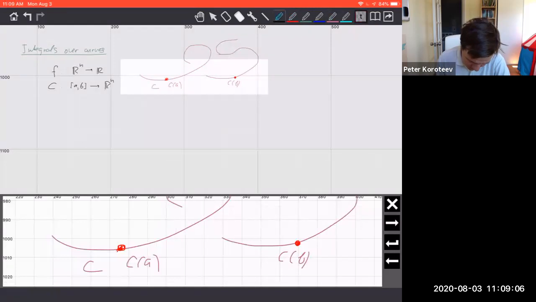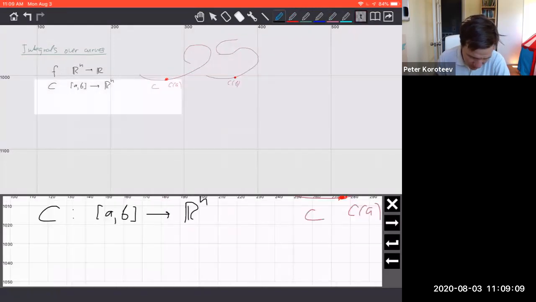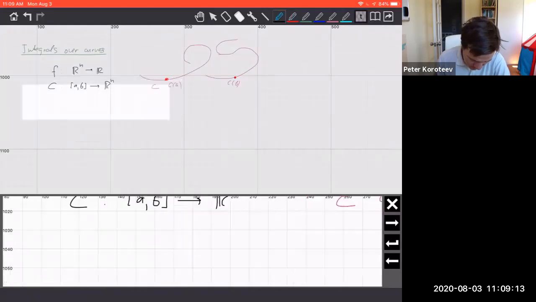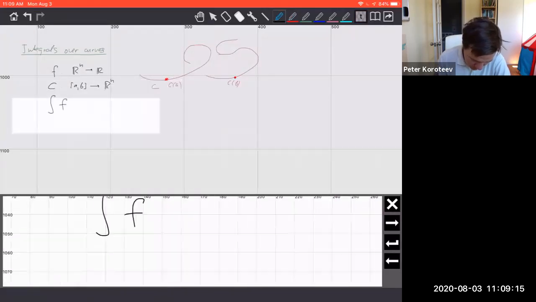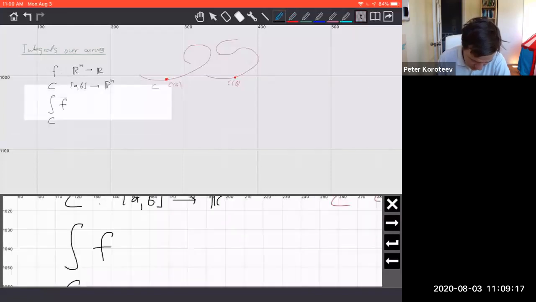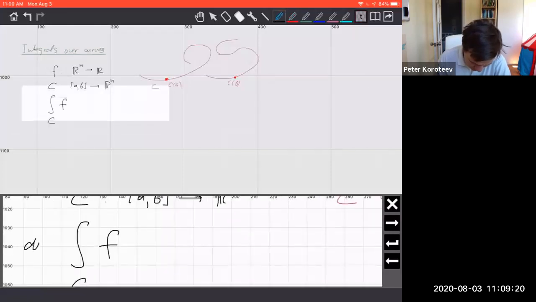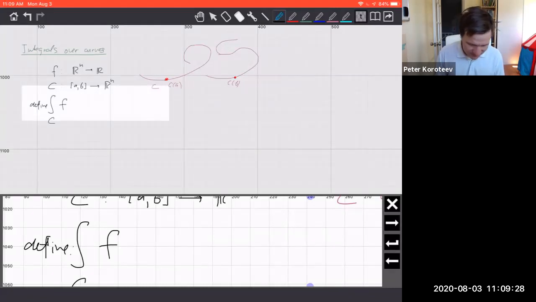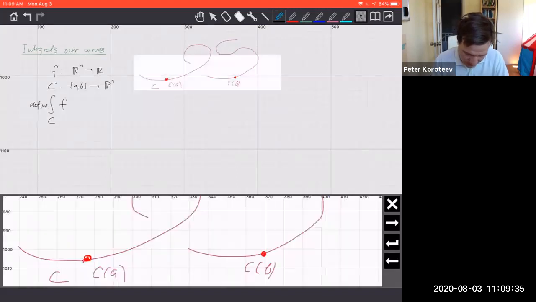Our goal is to define an integral of a function f over curve C. Why? Well, first of all, why not? And second of all, it's a useful thing to do. It appears a lot in physics and in engineering applications.